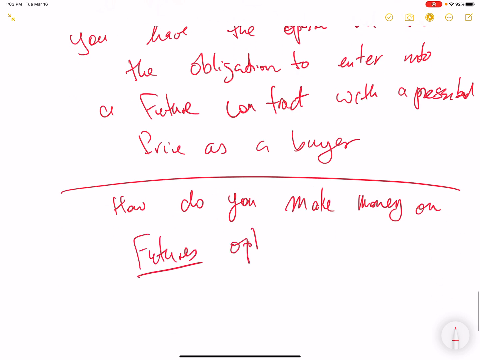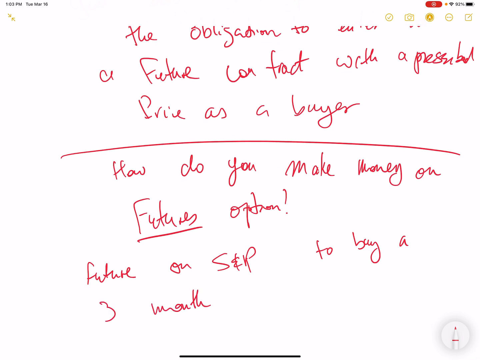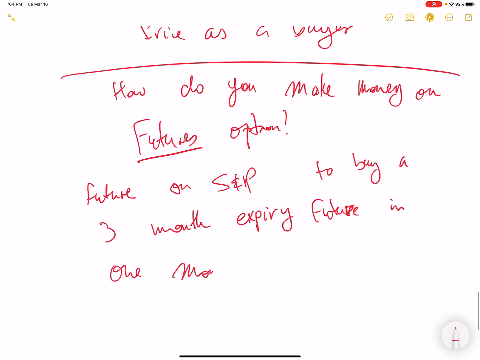On futures options. So in this case, let's say that you have a future on the S&P, and you enter into a contract to buy a 3 months expiry future in 1 month, with a future price, and here you specify an option of $4,000.